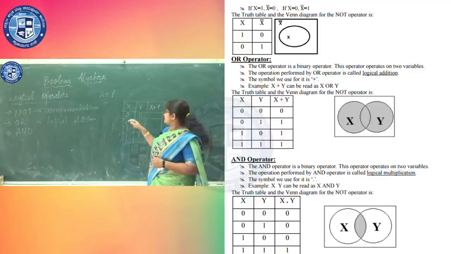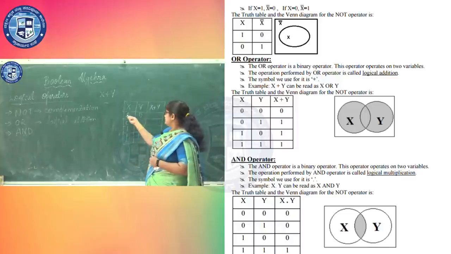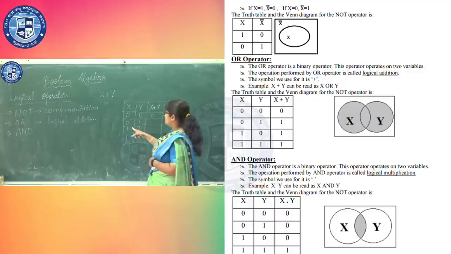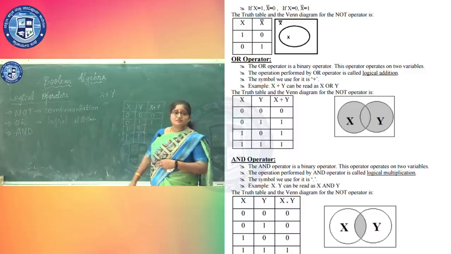We can take the result as 0 plus 0, you can also consider the binary addition. 0 plus 0 is 0, 0 plus 1, that is 0 or 1, is 1, because I am not telling and, I am not telling both must be there, I am telling just or.